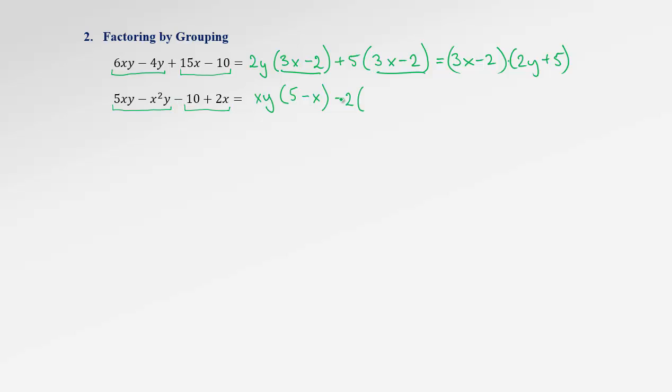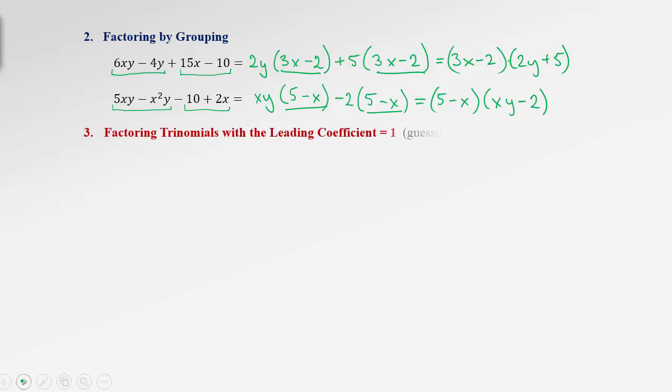So let's pull the negative out. Negative 2 times 5 is negative 10, and negative 2 times negative x is positive 2x. Great, so again we have exactly the same bracket. We can pull it out of everything. So the remaining bracket is xy minus 2, and the polynomial is factored.